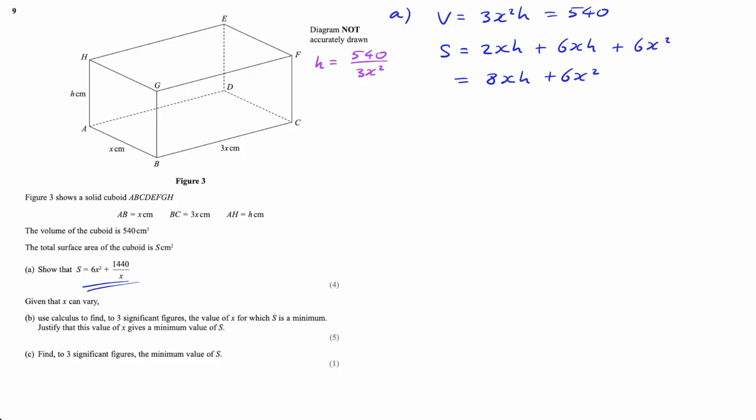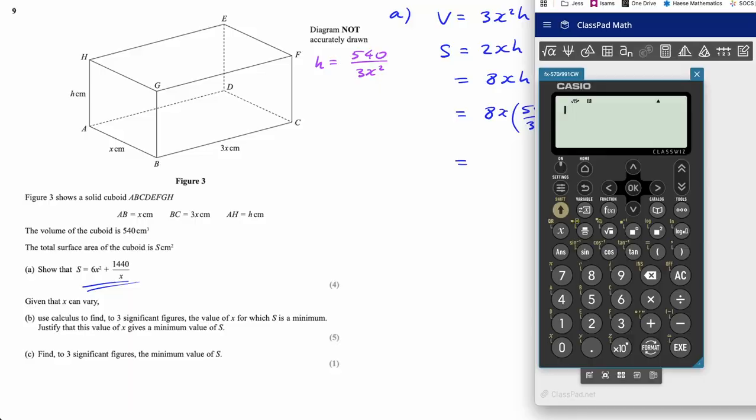give me that. Okay, so this gives me 8xh. H is this thing, 540 over 3x squared, plus 6x squared. Now, when you multiply this out, guys, 8 times 540 divided by 3, I'm guessing we get 1440, and we do.